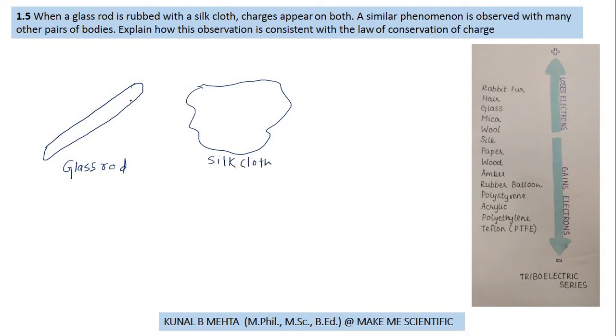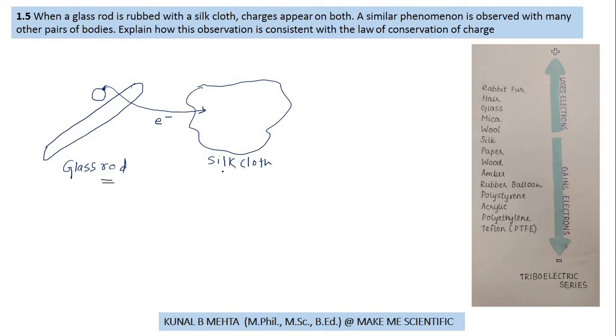Now if you rub them together, there are atoms inside the glass rod, and it is believed that the electrons in the outermost shell of the glass rod atoms shed out very easily. While the rubbing process is going on, these electrons get transferred into the silk. So the glass rod, on rubbing with silk cloth, loses electrons faster than the silk.